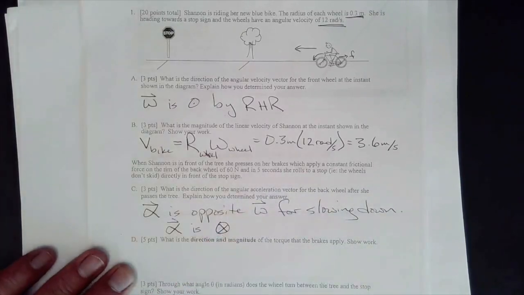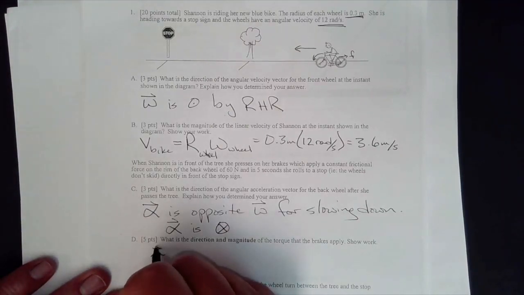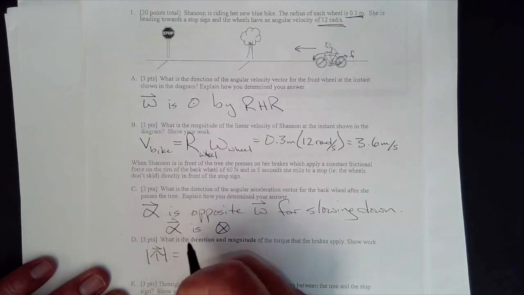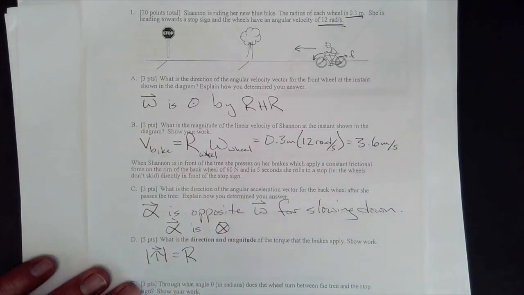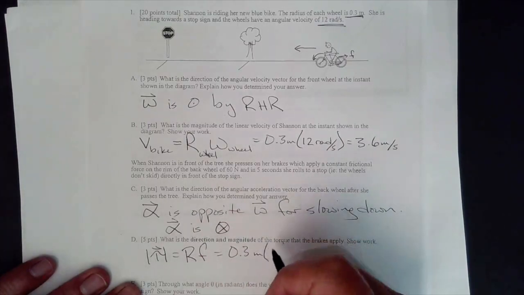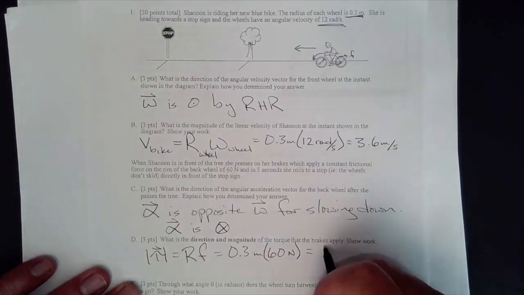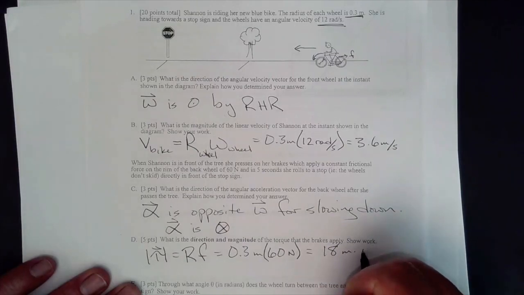The direction and magnitude of the torque: we know that the magnitude of the torque is just the radius of the wheel, the distance from the pivot to where the force is applied, times that friction force. That's going to be 0.3 meters times a friction force we're given of 60 newtons, so that's 18 meter newtons.